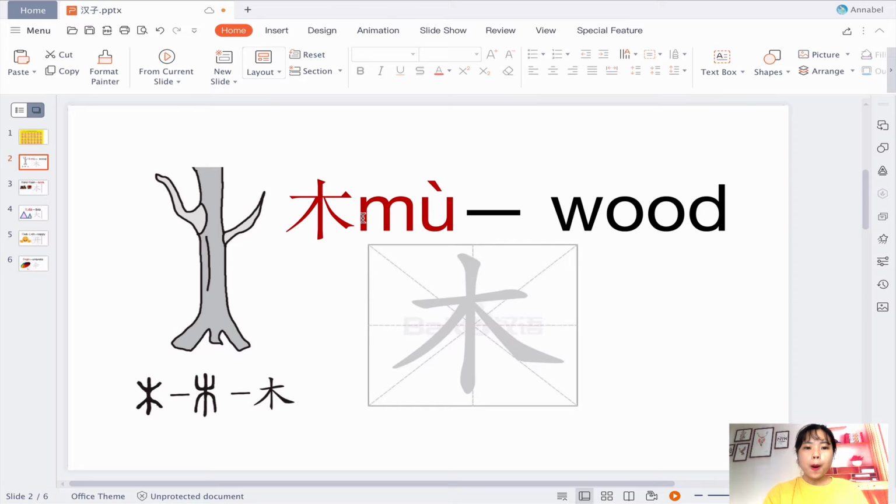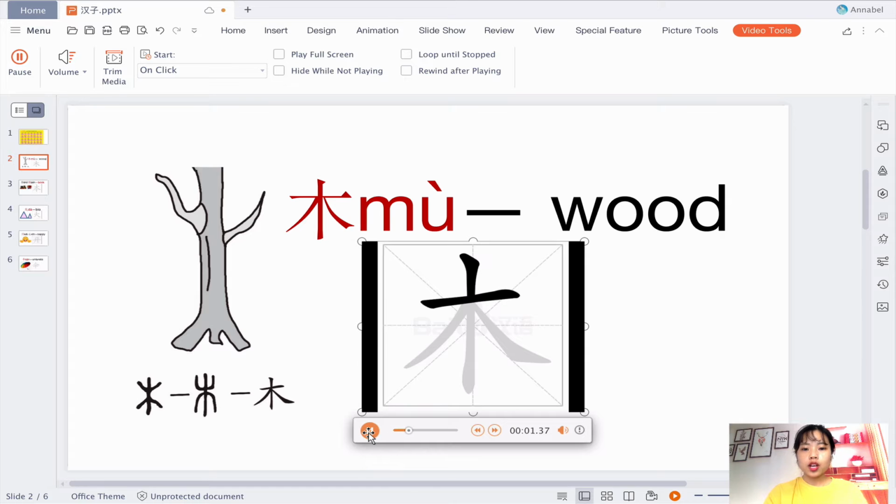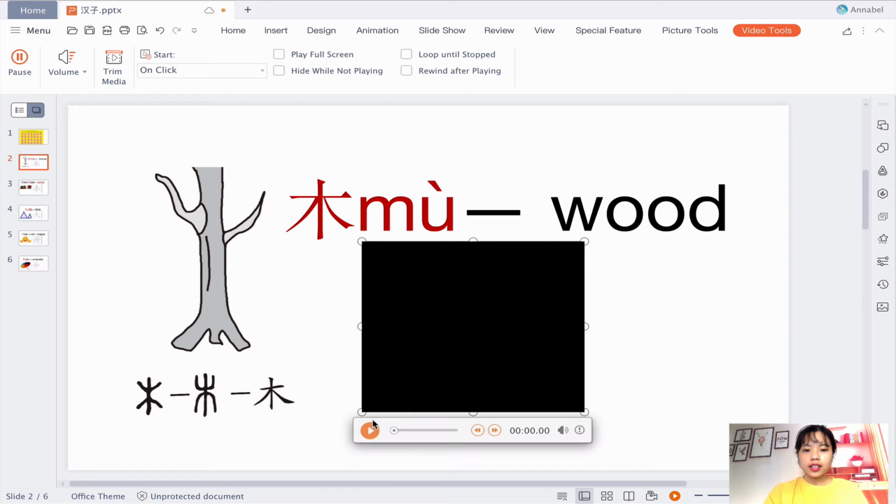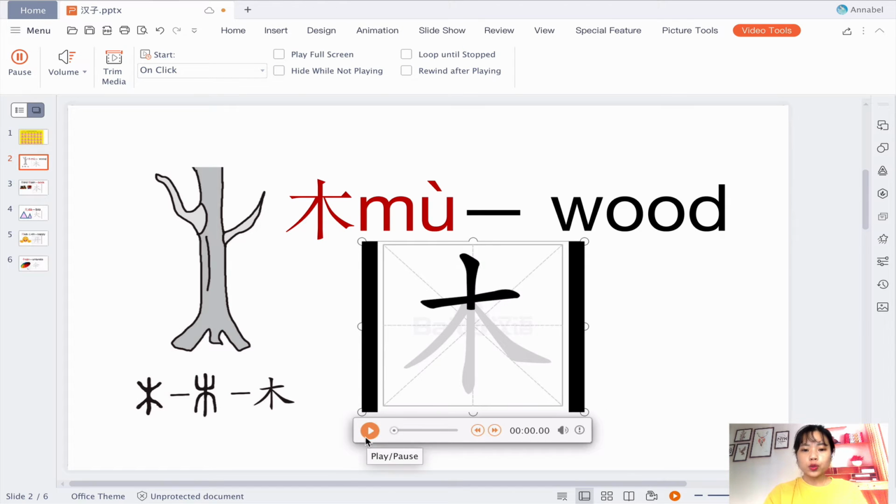This we call 木. Mu means wood. Let's see how to write it. 横竖撇捺.